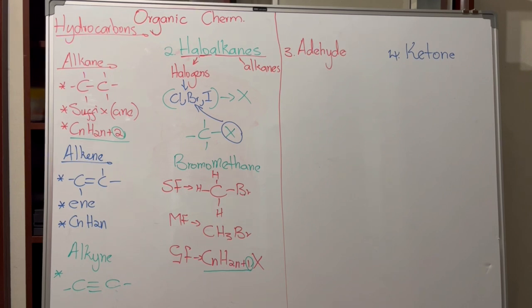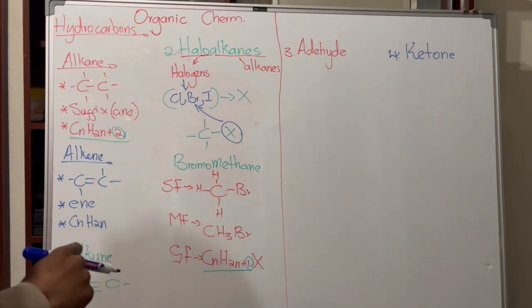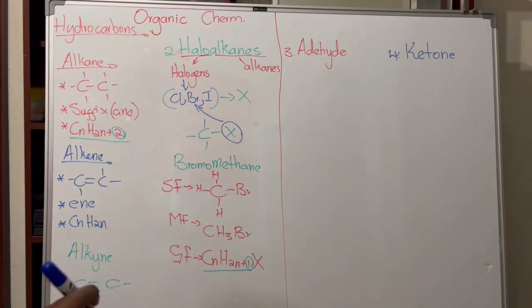Right? They may be similar, but the questions now will require you to be able to differentiate between the aldehyde as well as the ketone. So we're going to be dealing with those differences in this case. So we have aldehyde as well as ketone.